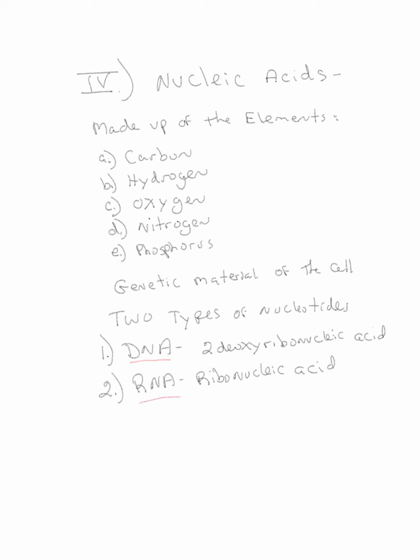DNA, the chemical name is deoxyribonucleic acid. RNA is ribonucleic acid. Now, the sugar is the difference between the 2 of these. If you look at DNA, the sugar is 2-deoxyribose. The sugar in RNA is ribose, and they are pentose sugars.